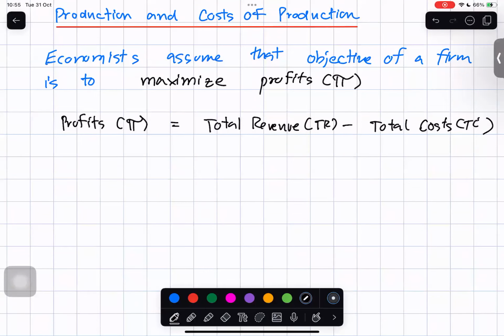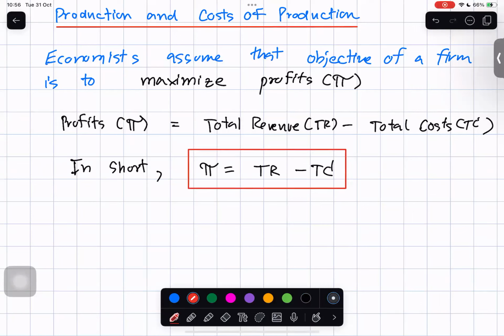So in short, profit is a difference between monetary inflow and monetary outflow. Revenue minus cost. Revenue is the money flow when the firm sells goods or services. Total cost is the total cost of producing a given amount of goods or services.